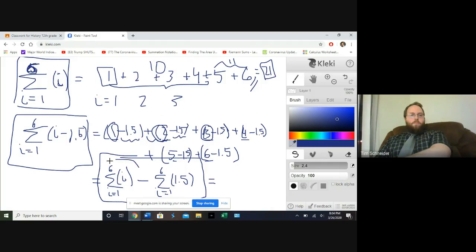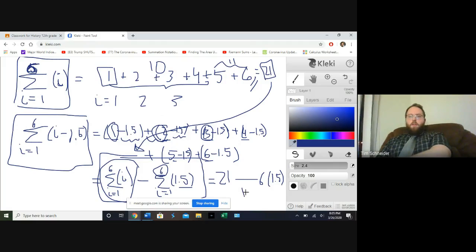And now we can see that this from here is 21. And what would this be? Well, we know that that's 6 times 1.5. So write that down. 6 times 1.5. 1.5 times 6 is 9. So 21 minus 9 would give us 12.